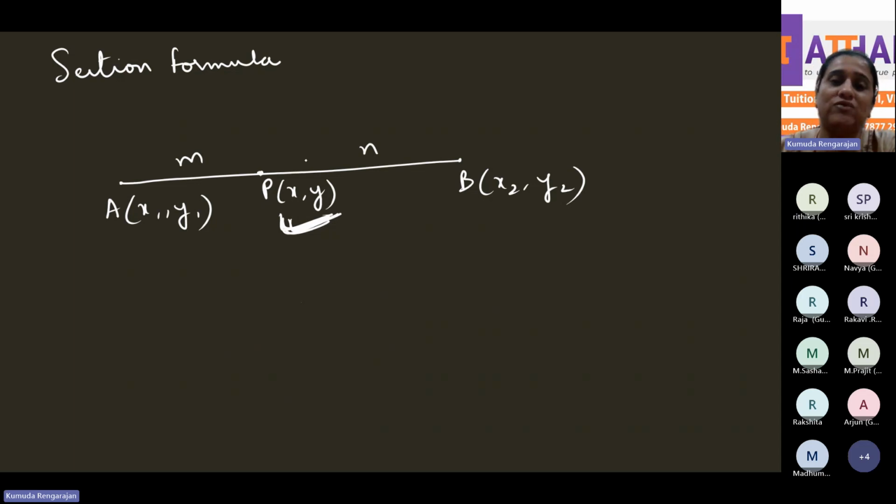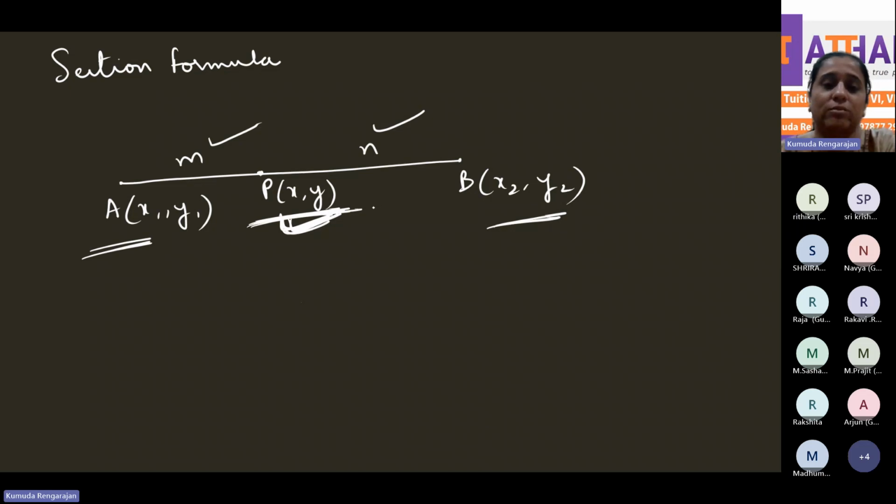But it can also be used to find other things. Given the required information, you can find the ratio m is to n. You can find the coordinates of B. You can find the coordinates of A. So they are the other uses of the section formula. We use the section formula not only to find the coordinates of the point P; that's the direct application.